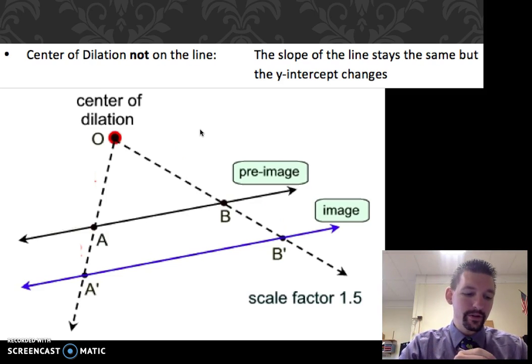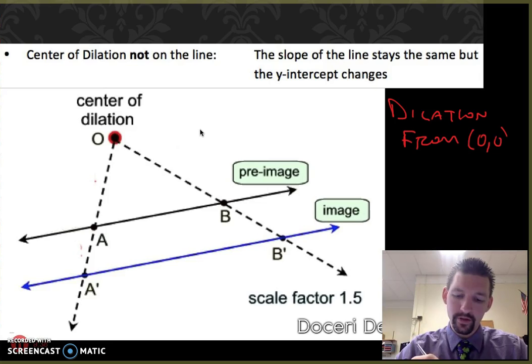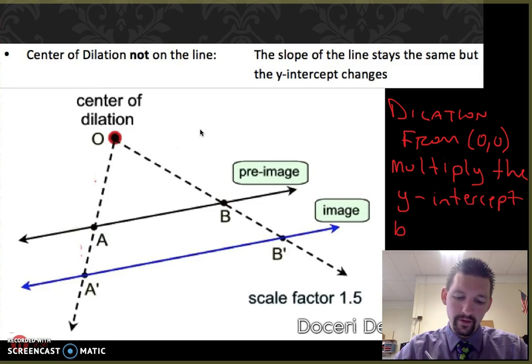And you can make a note that if your dilation is centered at the origin, or 0, 0, then you multiply the y-intercept by the scale factor. I'm going to run out of room.